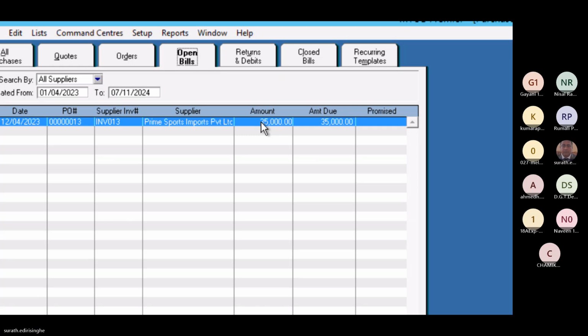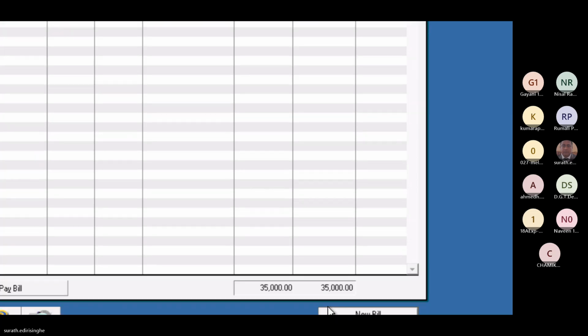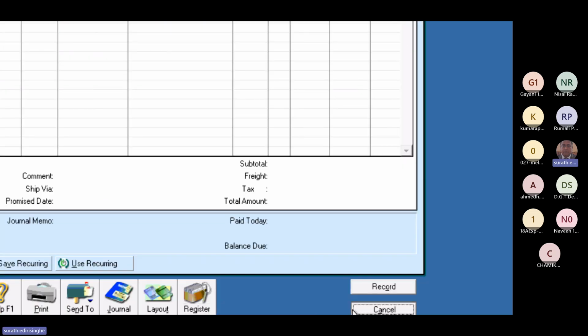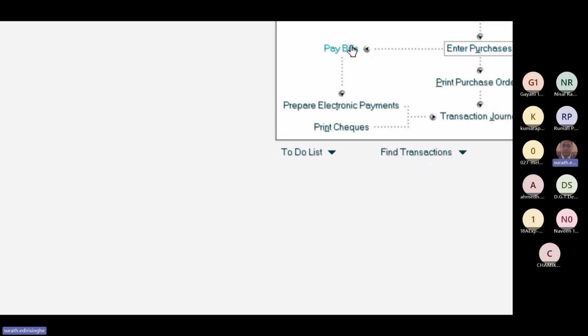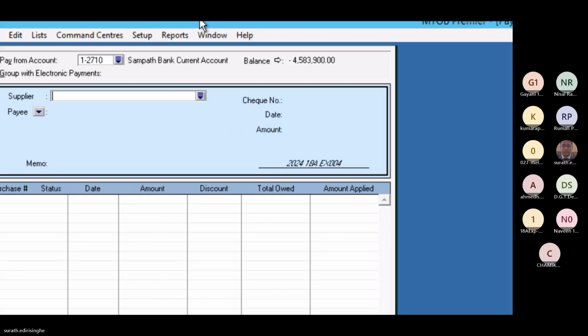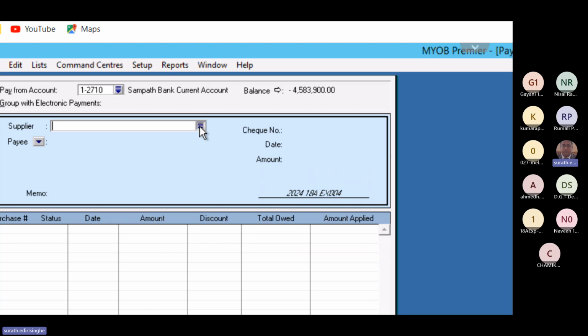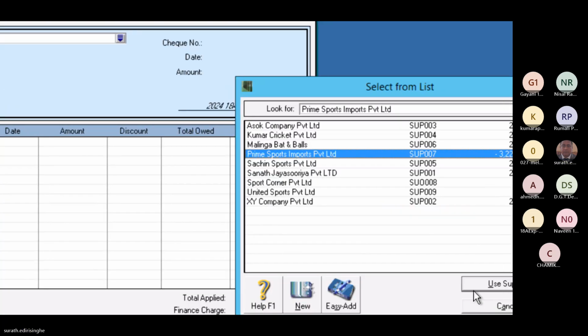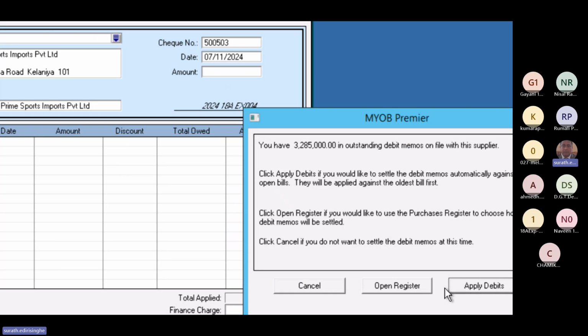Right. Then settlement of bill, pay bill, supplier Prime. Use the supplier.